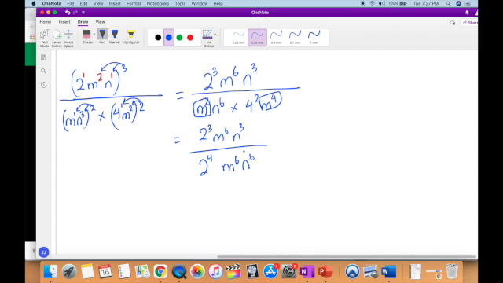So what I could say now is, this is going to cancel with this, and 3 of these are going to cancel with 3 of these, so I'm going to have n to the 3. And 3 of these are going to cancel with 3 of these, so I'll just have 2 to the power of 1 left. So everything cancels on the top, so I just have 1 on the top, and on the bottom I just have 2 to the power of 1 n cubed.